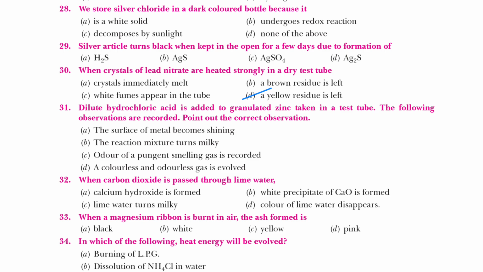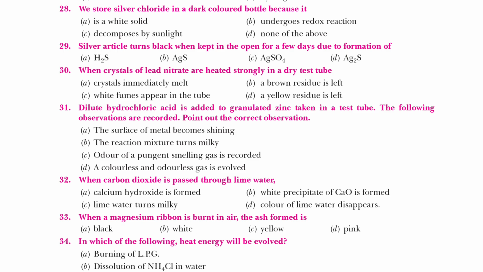Next question number 31. Dilute hydrochloric acid is added to zinc granules taken in a test tube. Zinc is more active than hydrogen, that's why zinc chloride plus hydrogen gas is evolved. So in question number 31, first one, the surface of metal becomes shining? No, because it reacts with the HCl.